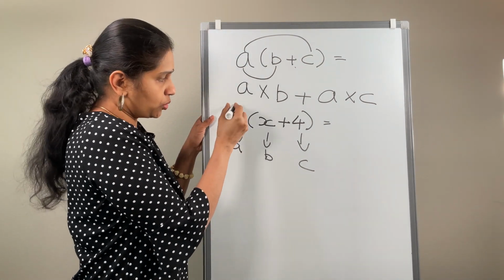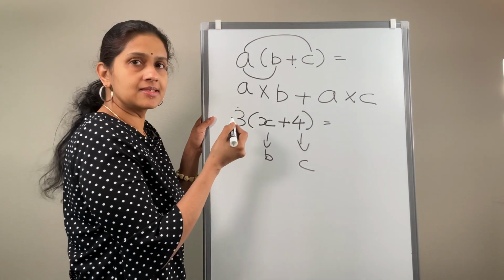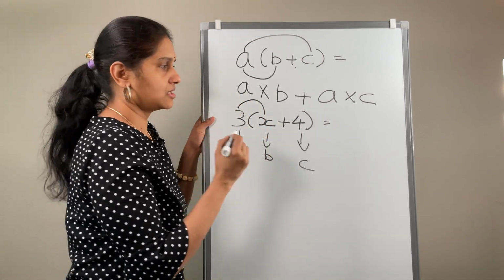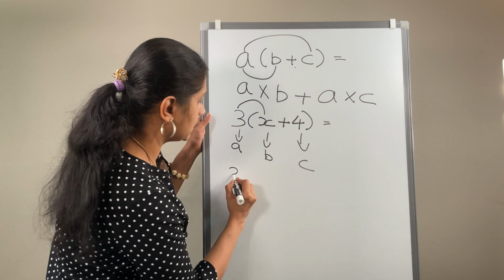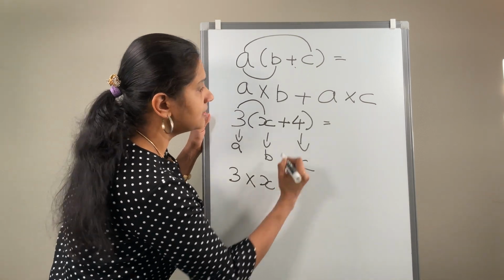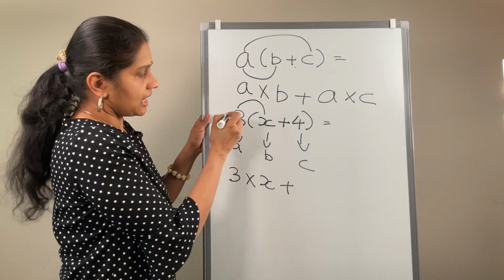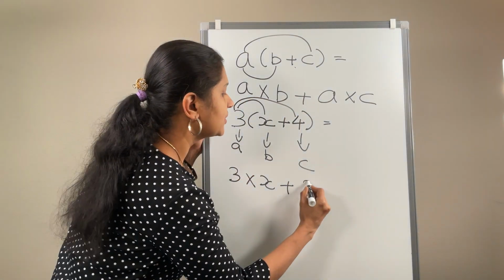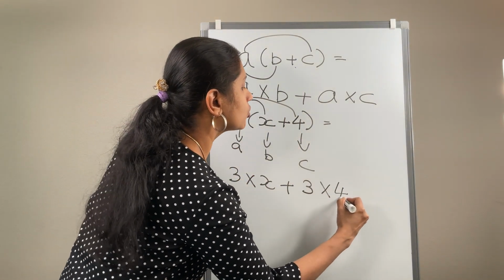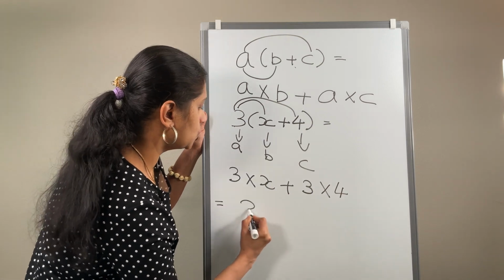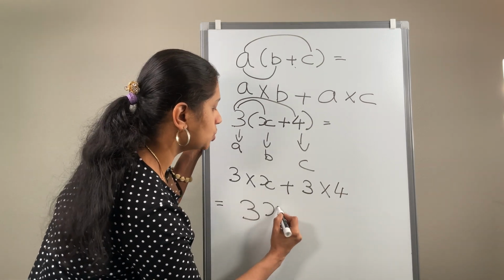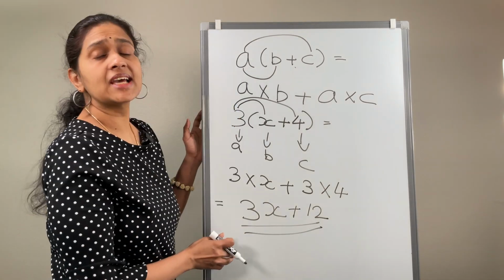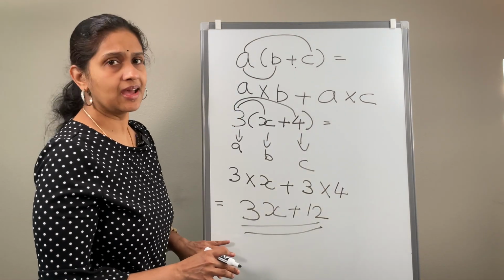First we need to multiply the first number with the first term inside the parenthesis, which means 3 times x. Then put the addition sign, again multiply 3 times the second term, 3 times 4. So that is going to be equal to 3x plus 12. 3x plus 12 is going to be the answer.